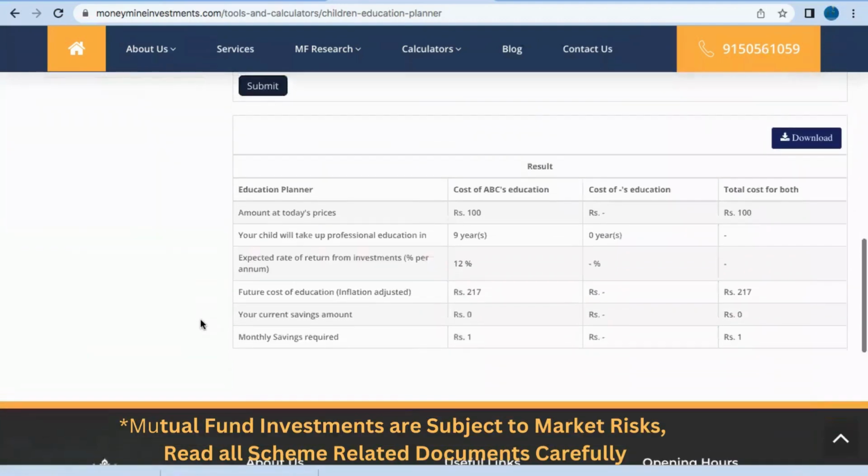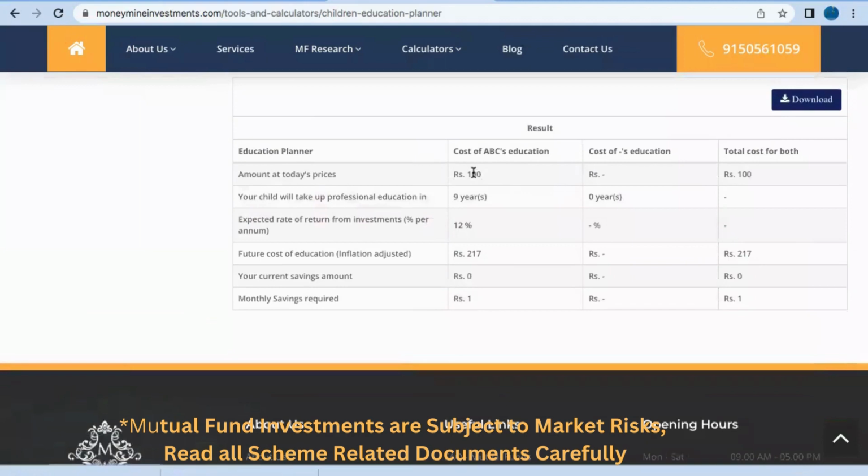So this is the answer. Amount at today's price is 100. Your child will take up professional education in 9 years, and the expected rate of return from investments is 12. Future cost of education, inflation adjusted, is what is more important. Adjusted for inflation, it is 217.